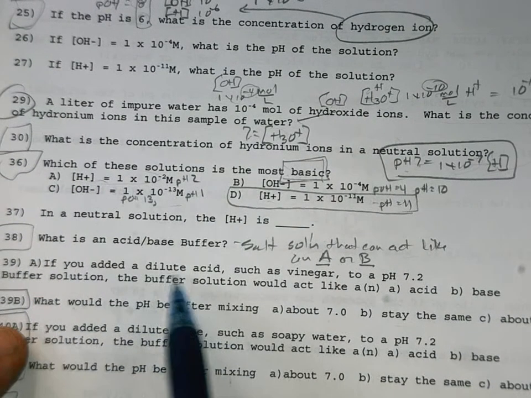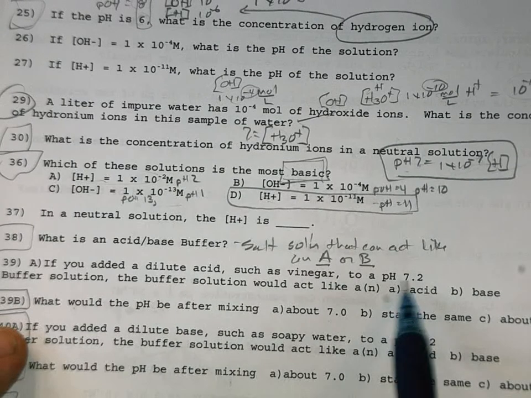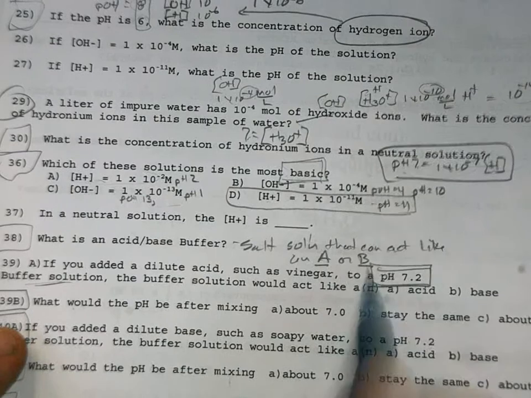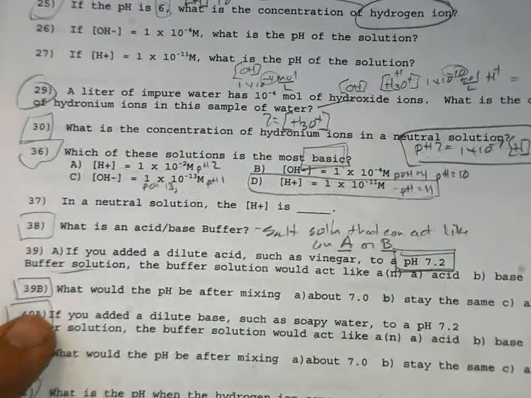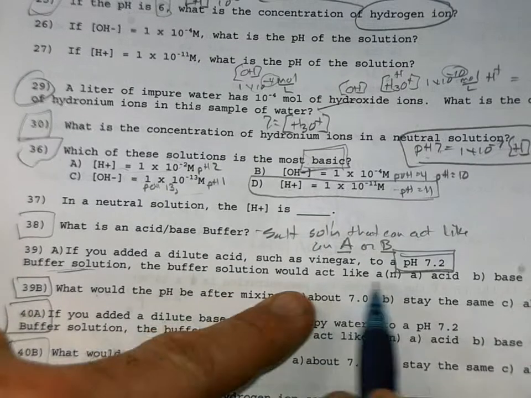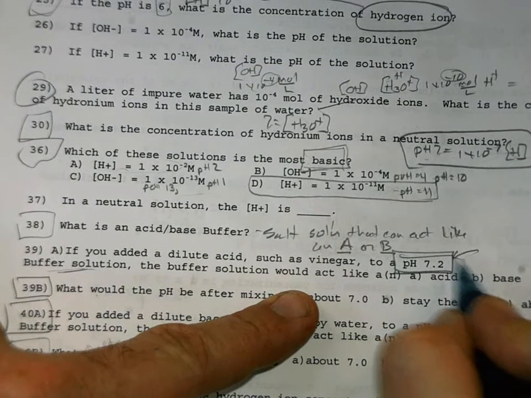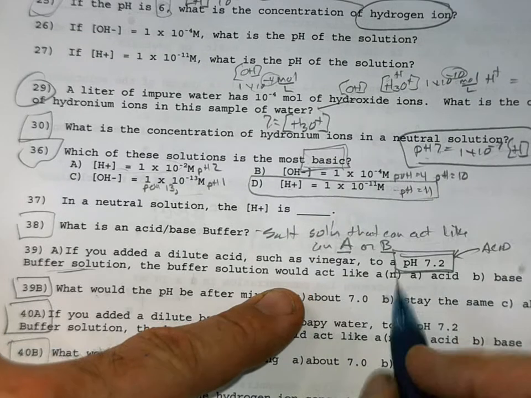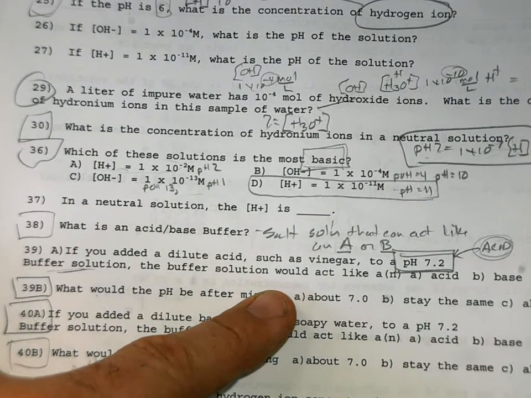If you added a dilute acid, such as vinegar, to a pH 7.2 buffer, now that means this buffer wants to stay at 7.2. If we add a little bit of acid to it, will that buffer act like an acid or a base in order to neutralize the acid that we add?